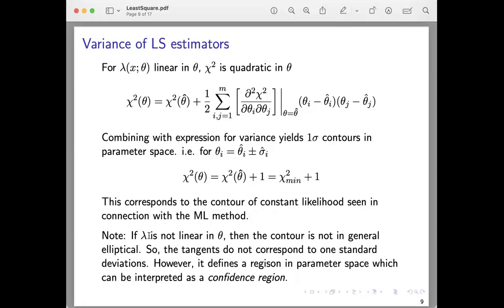So the tangents that we saw that corresponded to one standard deviation will not exactly correspond to one standard deviation, but you can still define a region in parameter space which can be interpreted as a confidence region. This confidence interval will be taught later during the school. Basically, when you don't treat the uncertainty as Gaussian, you cannot treat the error as one standard deviation, and you get the confidence region.